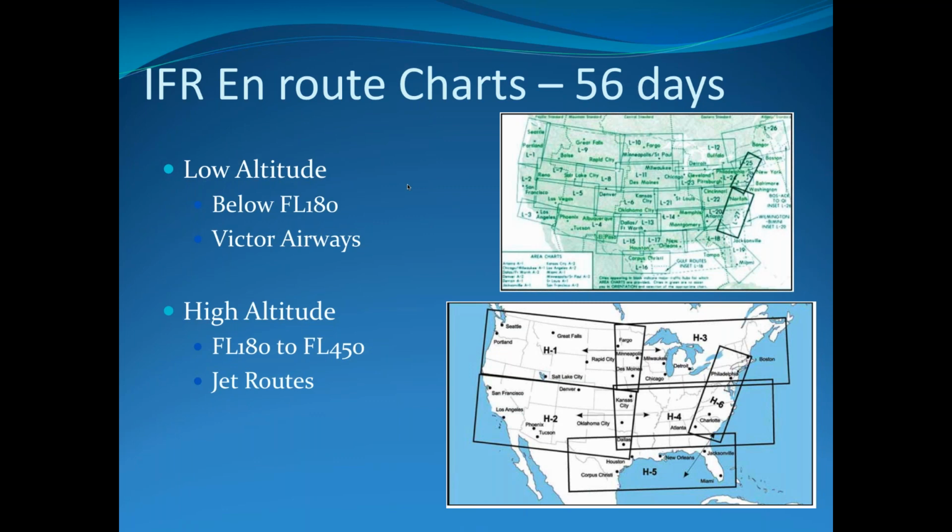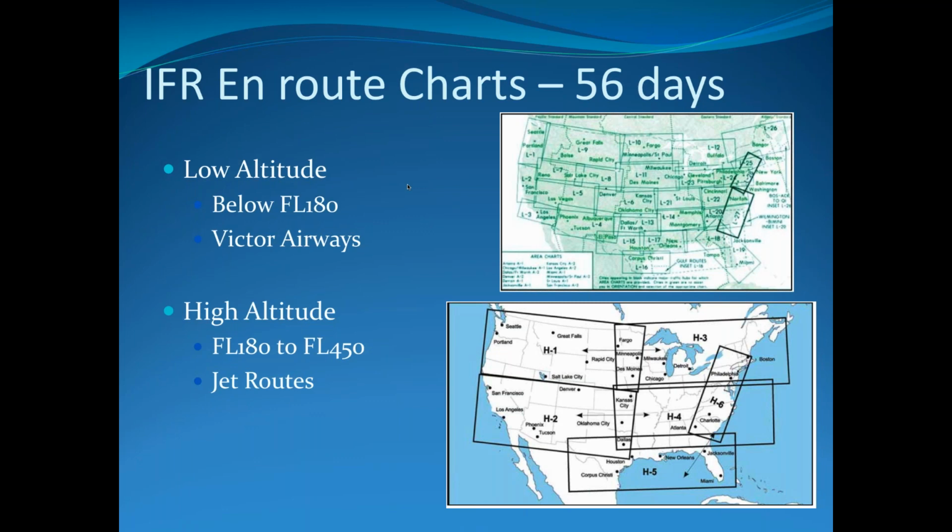The high altitude charts are for everything above flight level 180 or 18,000 feet, up to and including flight level 450. Really nothing that is civilian operates above flight level 450.